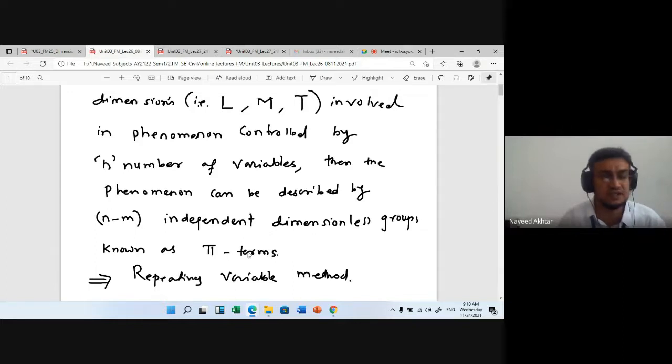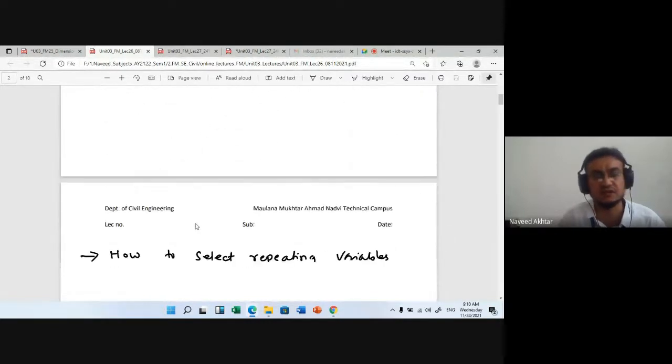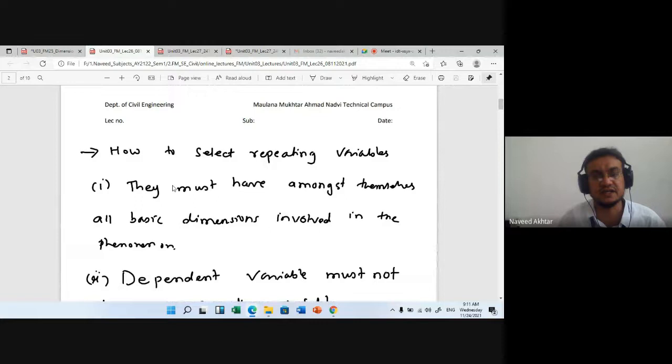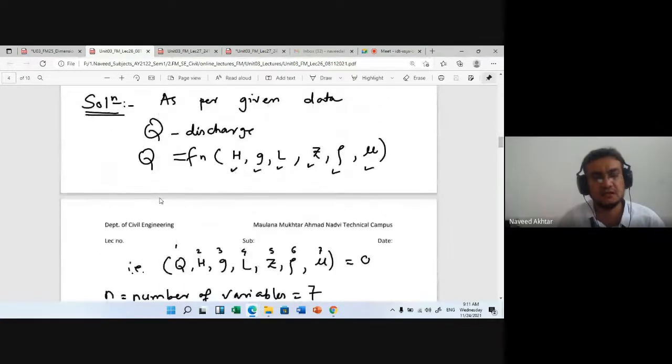So if there are n variables and m basic dimensions, then n minus m is the number of independent dimensionless groups. For example, we have solved one example also in that, you can see here the discharge is a function of H, G, L, Z, rho, and mu.